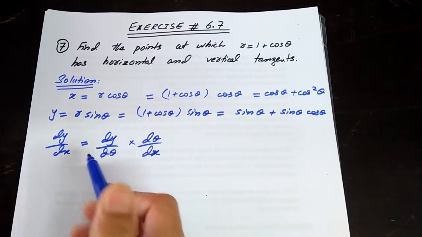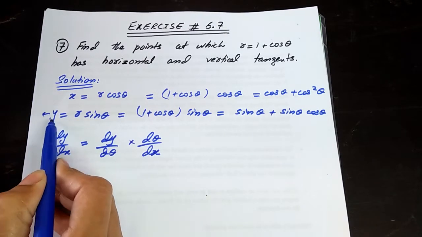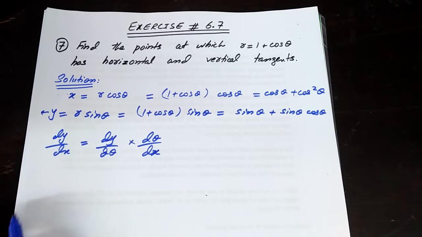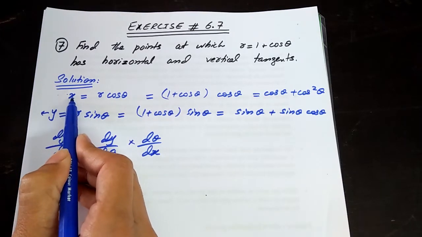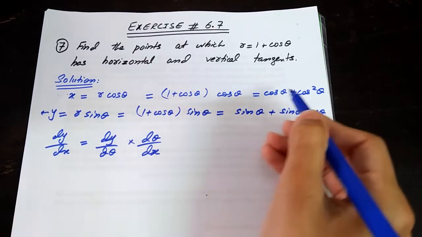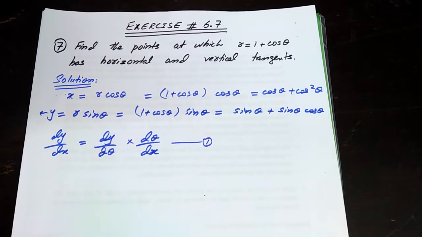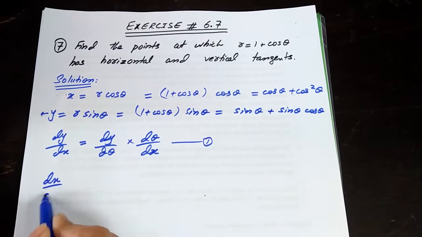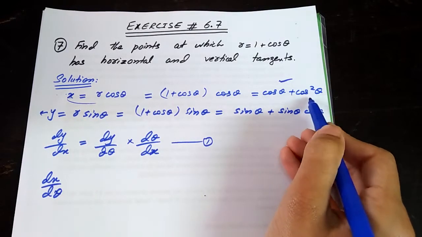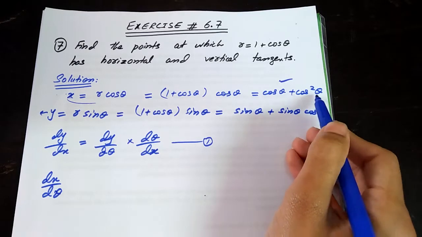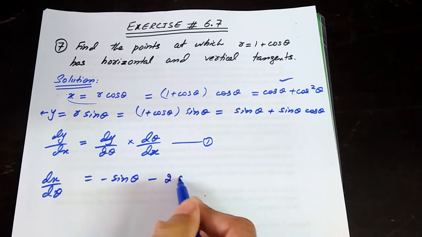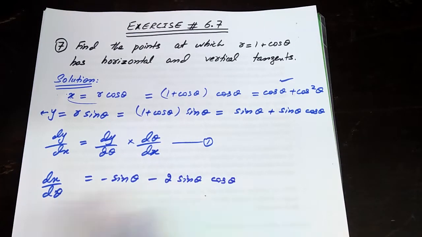For that purpose, we need dy by d theta from here, and dx by d theta from here. First I am finding dx by d theta from this equation, marked as equation number 1. dx by d theta is the derivative of cos theta plus cos square theta, which is minus sine theta minus 2 sine theta cos theta.